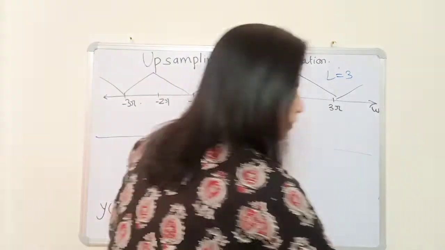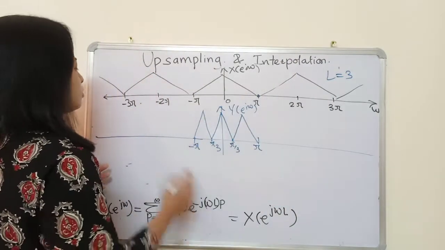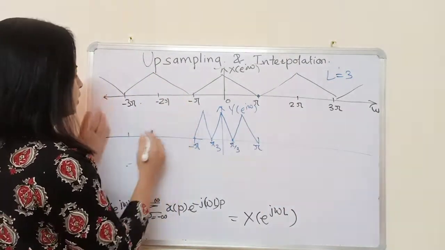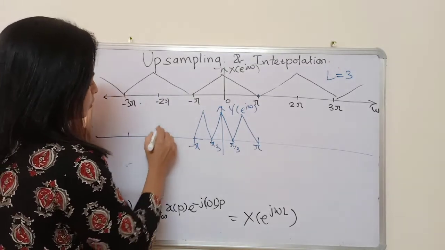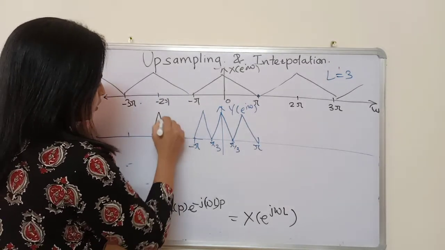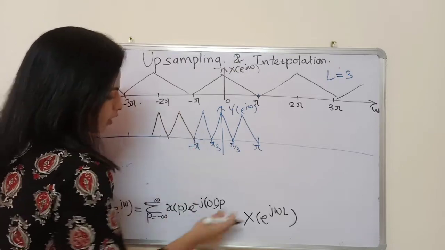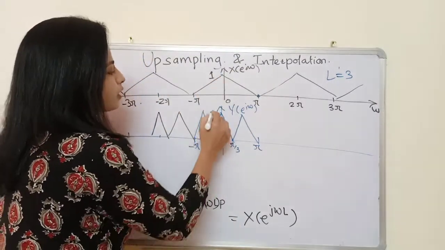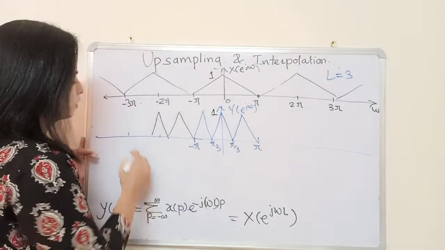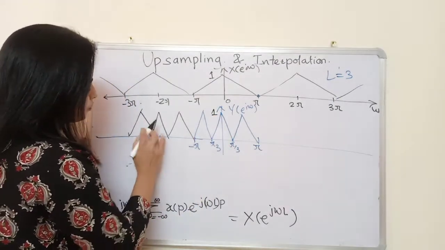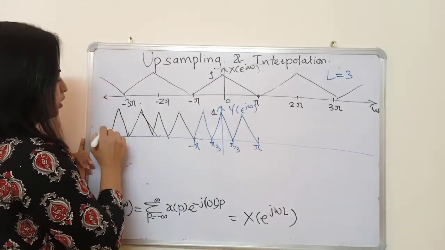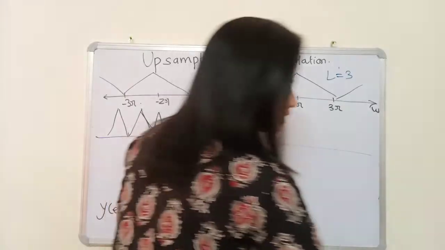Now similarly we can observe additional copies instead of the single copy in between this duration. So it is like this. And here there is no amplitude change. So if the amplitude is 1 here, it is also the same. So it will be like this, and a larger number of images on this side.